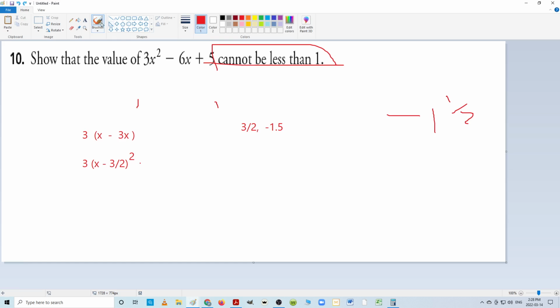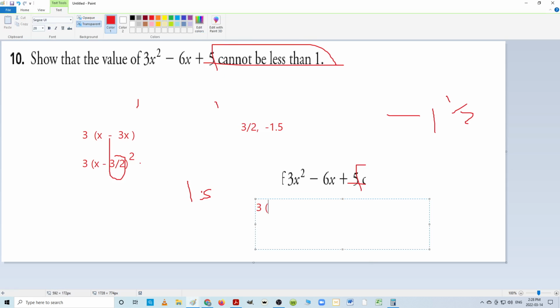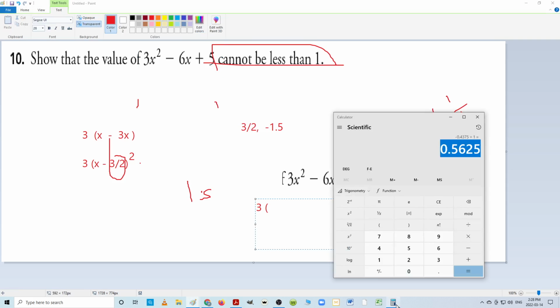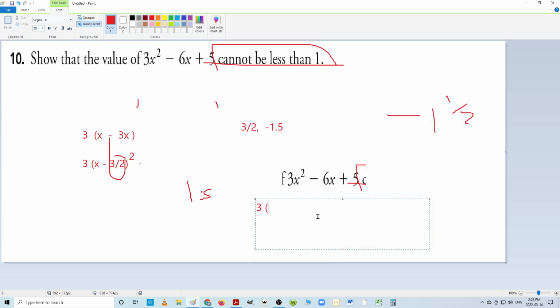But notice that I figured out the x value of the vertex right here. It's 1.5. So if I take this original formula right here, and I put in 1.5 squared, I get 3 times what's 1.5 squared. 2.25 minus 6 times 1.5, which is 9, plus 5.